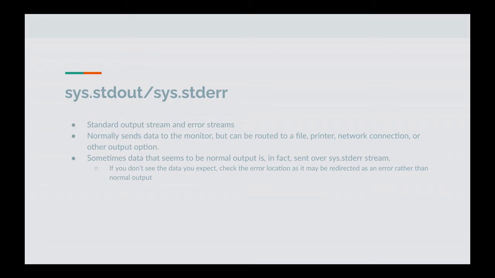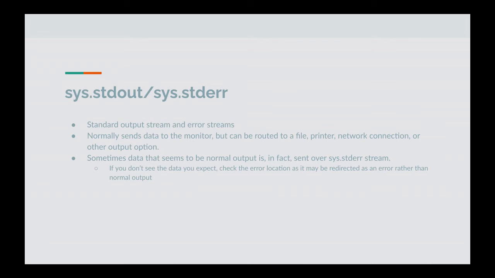One thing that I have found is you don't always know what data is coming over sys.stderr. I was working on a project with a coworker at one time, and we were surprised to see that the output that we expected from the program was not coming to the terminal. We couldn't figure out where it was going. We eventually traced it down to the error log that he had set up.